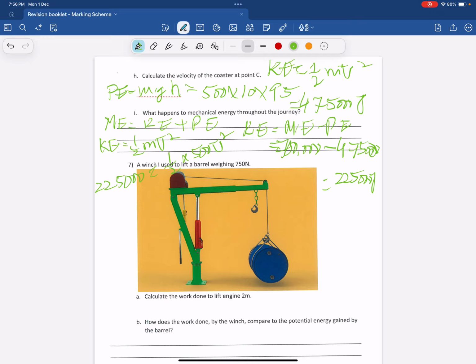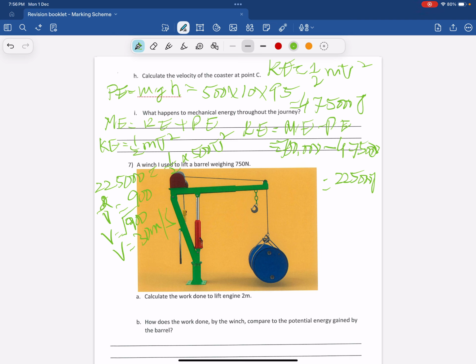So v squared is equal to, if I use calculator, 900. So v is equal to the square root of 900, and v is equal to 30 meters per second. There's a lot of things they have done, but just try to go through and find the answer for that. I can explain in the class also.